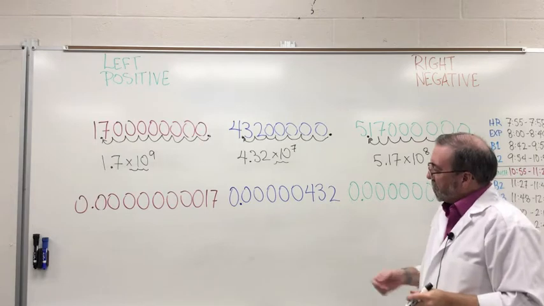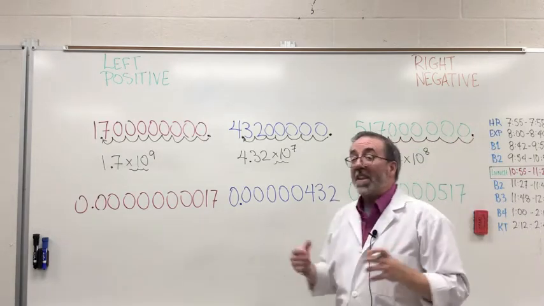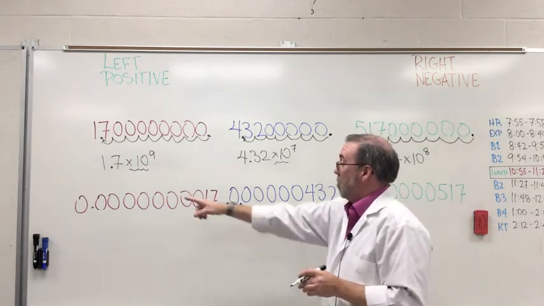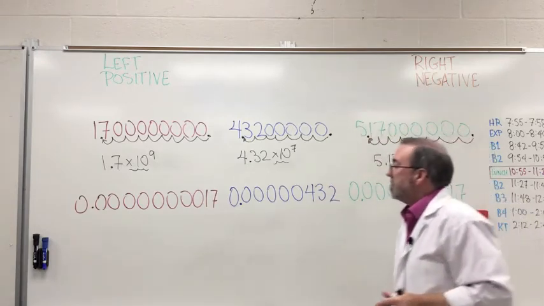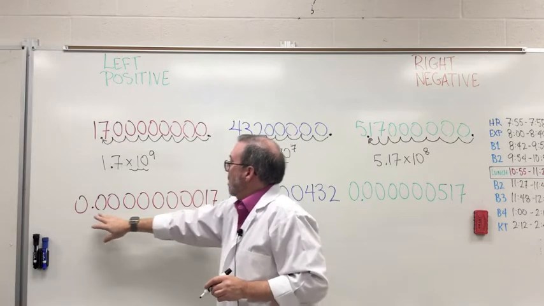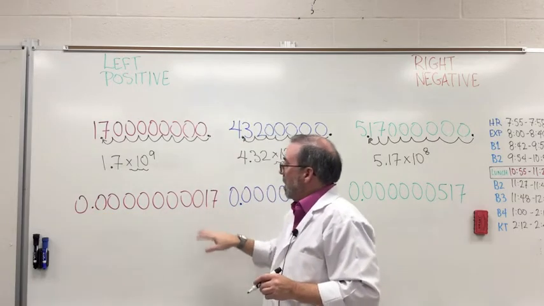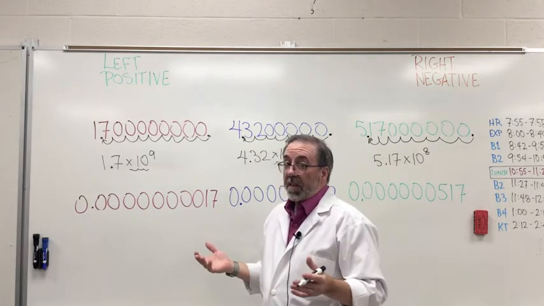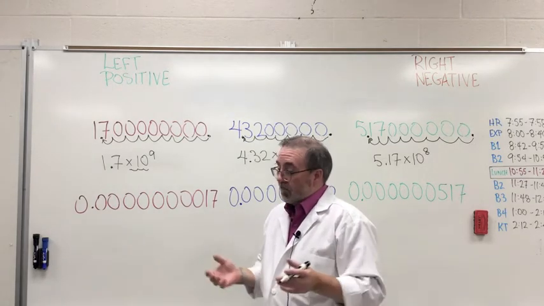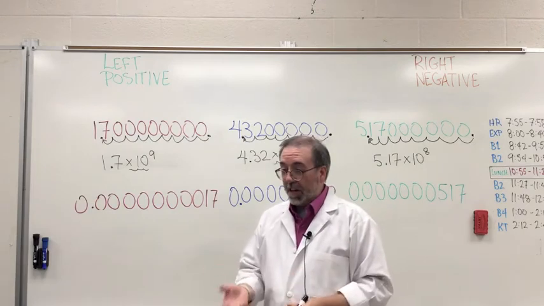Very good. The bottom row here, these are all negative. So we're going to move our decimal to the right, and as it says up here, if you go to the right, it's got to be negative. So let's see. We're going to move this decimal to make a number between 1 and 10. What do you think that would be? I'm sure you're yelling at the screen. It's 1.7.